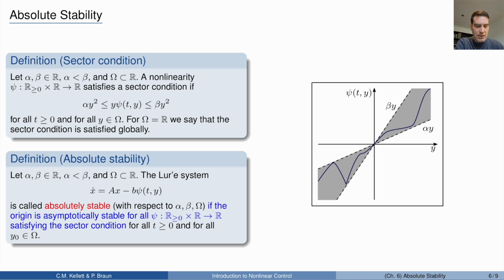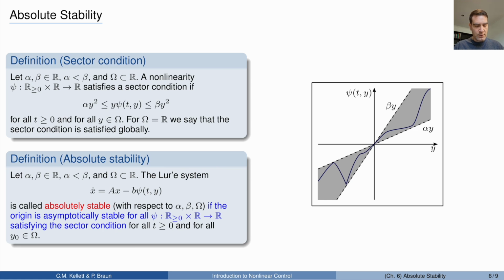Now we extend that to absolute stability, which is a robust stability property, and we say that our system is absolutely stable with respect to these parameters alpha and beta, again either locally or globally, if the origin of this closed loop system here, now with this nonlinearity, is asymptotically stable for all functions phi which satisfy this sector condition, again defined through alpha and beta.